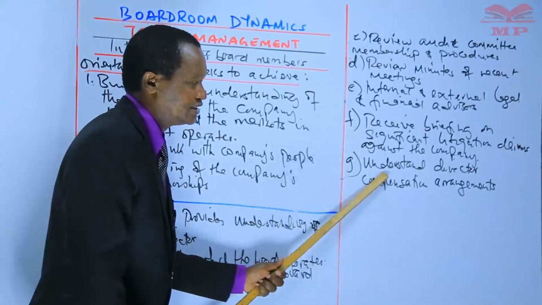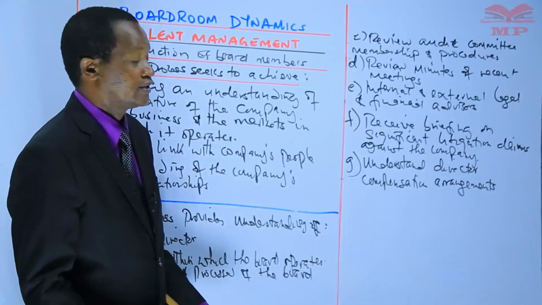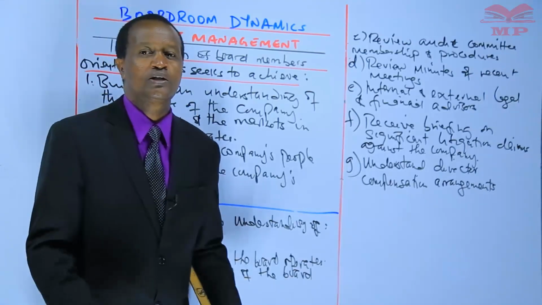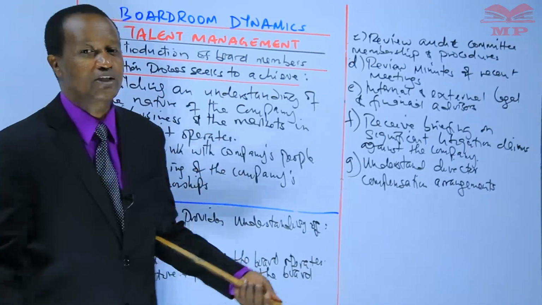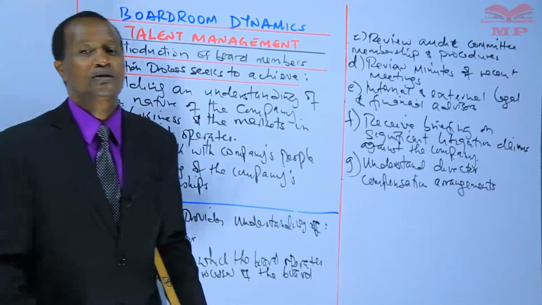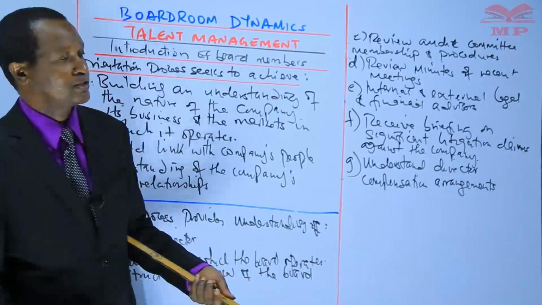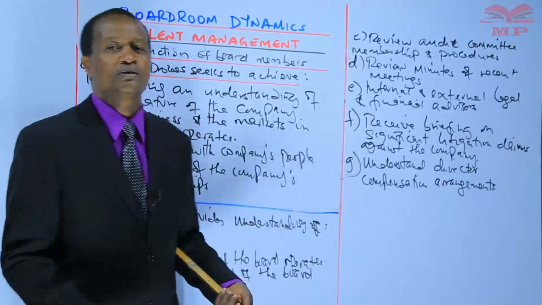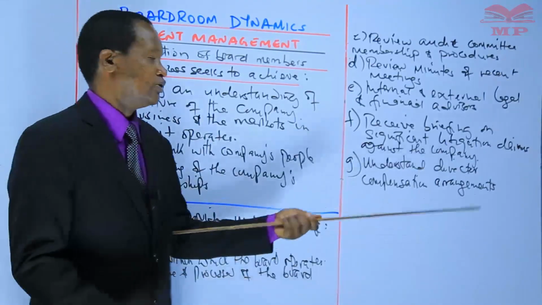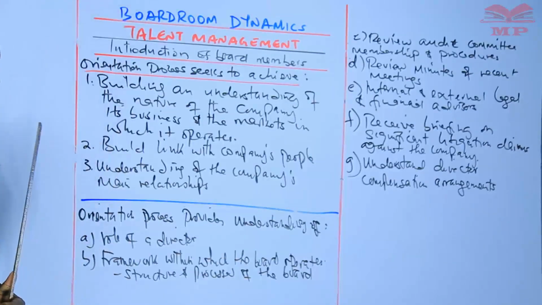Then lastly is in relation to his compensation. Given that he's coming in as a new person, he should understand director compensation arrangements. How are directors compensated in this company? So that he can determine whether the kind of effort that is expected of him is commensurate with the package or the compensation he receives from the company.